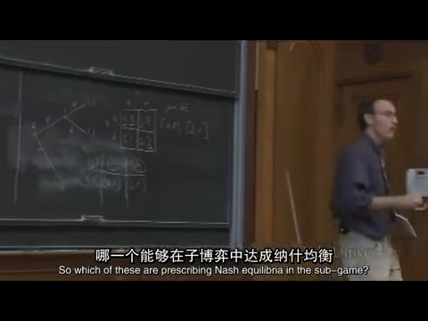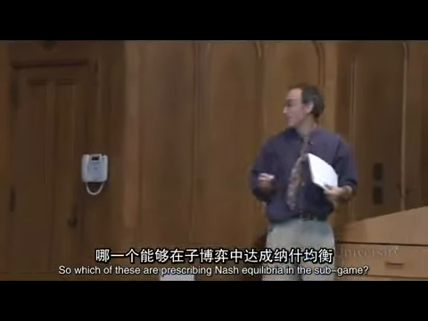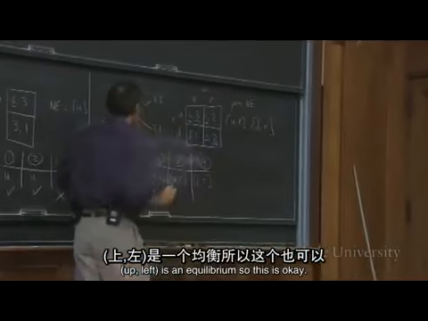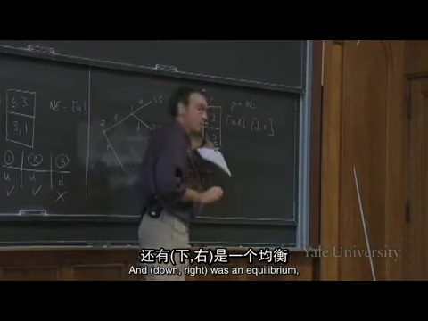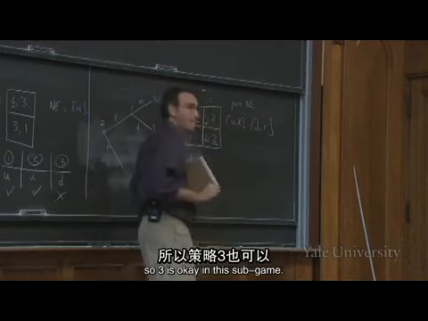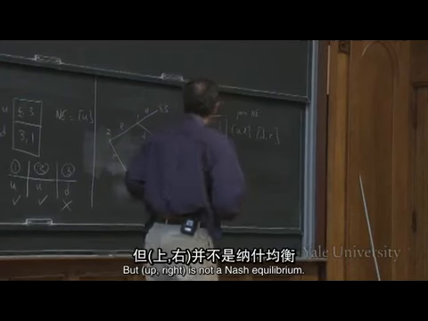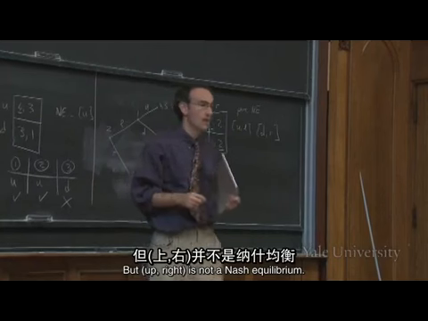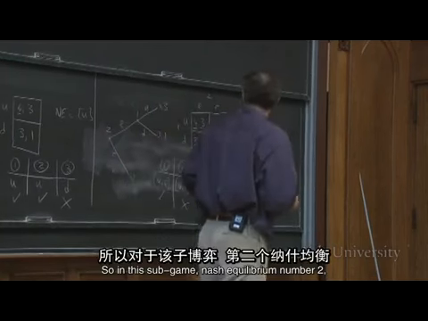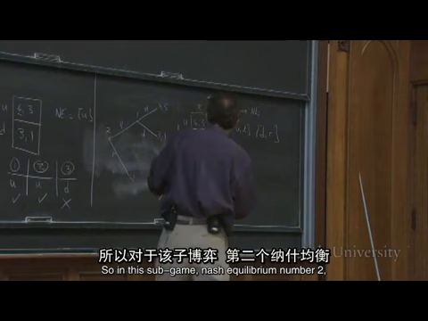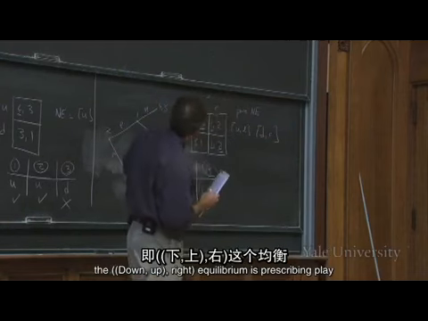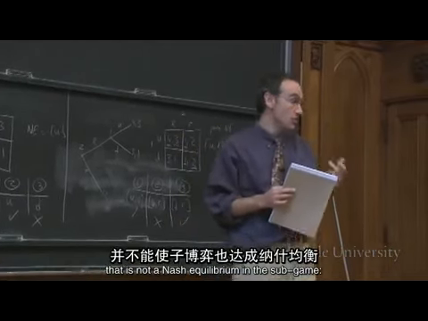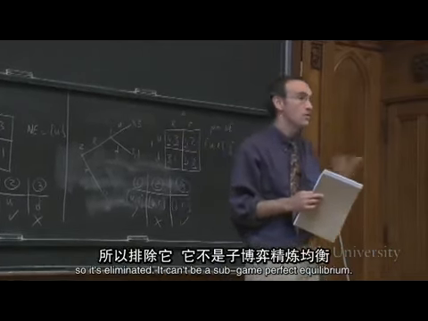So which of these are prescribing Nash equilibria in the subgame? Well, up left is an equilibrium, so this is okay. And down right was an equilibrium, so 3 is okay in this subgame. But up right is not a Nash equilibrium. So in this subgame, Nash equilibrium number 2, the down, up, right equilibrium, is prescribing play that is not a Nash equilibrium in the subgame, so it's eliminated.